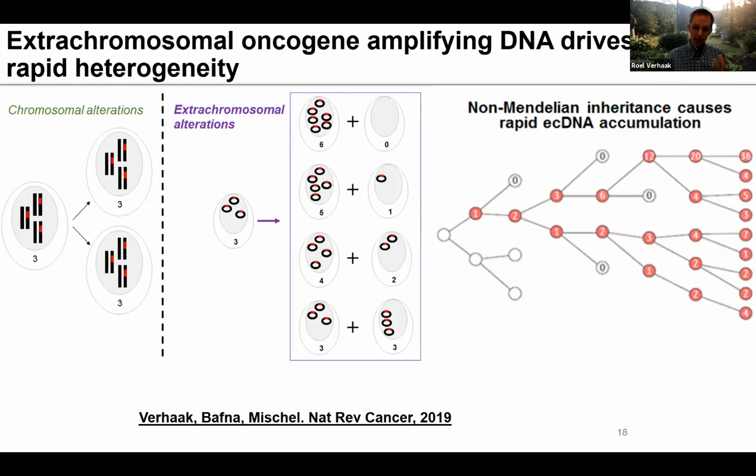And when this scenario is true and the extrachromosomal element provides cells with some kind of competitive advantage, you might see very rapid accumulation of extrachromosomal DNAs in a matter of a few cell cycles, which could lead you, in this example figure, to having one cell that has many ecDNA copies. And again, if that cell is selected for, then this is the cell that's going to be the dominant clone in your tumor.